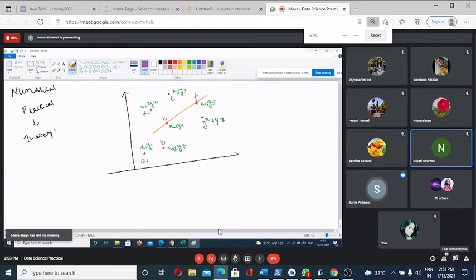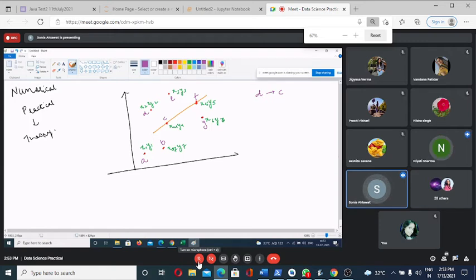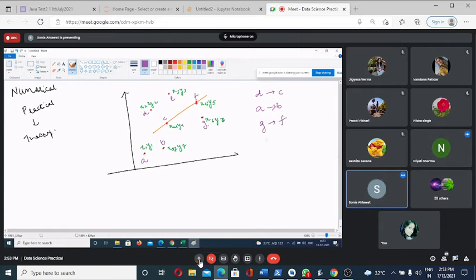C. Okay. So someone is saying D is closer to C. Anyone else? A is closer to B. Anyone else? G is closer to F. Anyone else? Similarly, E is closer to F.